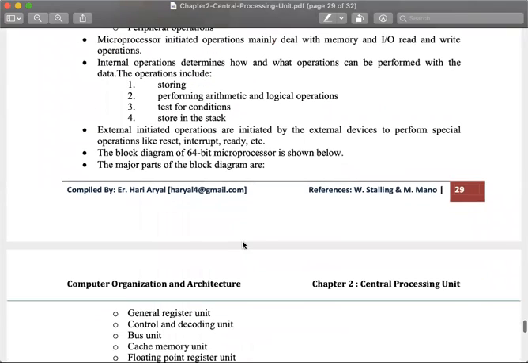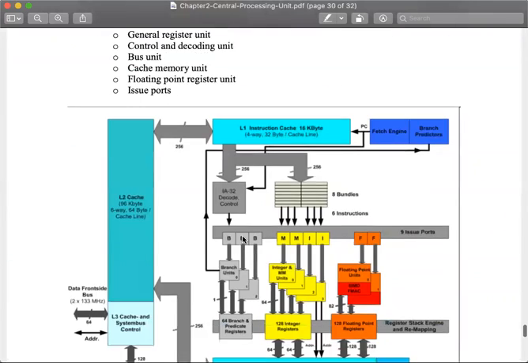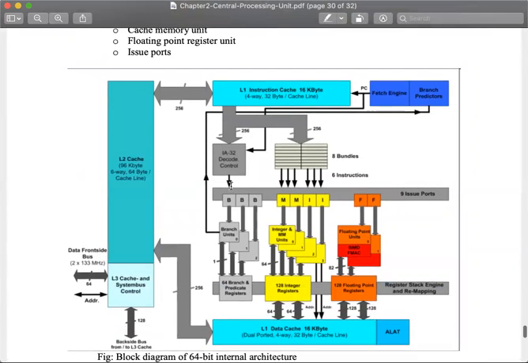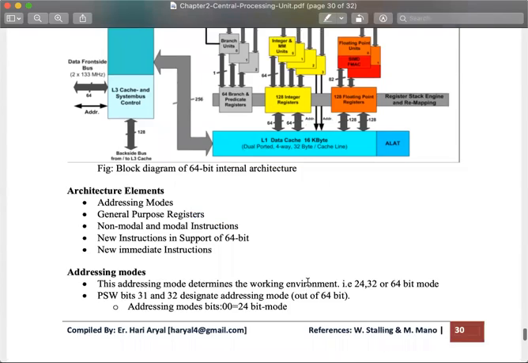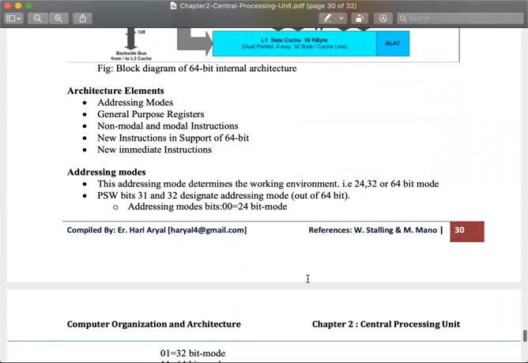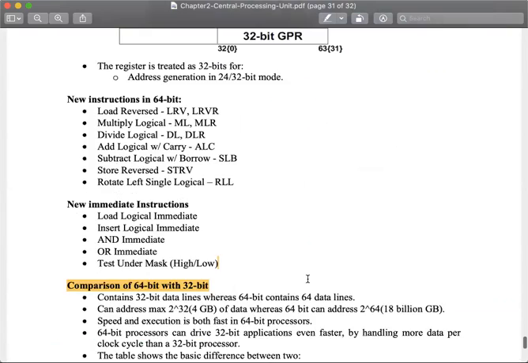The things in the internal architecture we have mostly already covered in this lecture. A block diagram is given here where you can see how the 64-bit processor actually functions. All the internal components of the 64-bit architecture are given here, and how an instruction is executed is shown step by step in the block diagram. Architecturally there are some addressing modes, general purpose registers, some instructions, and new 64 bit instructions and how they execute. So this is given here, and you will get the idea.